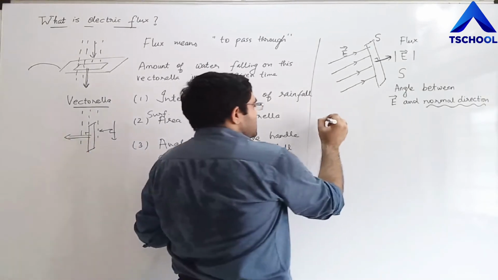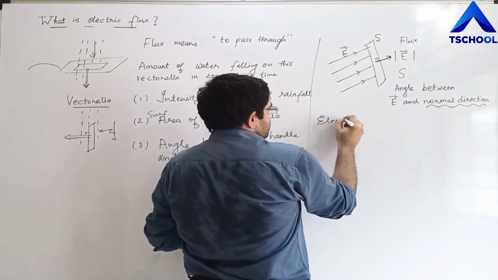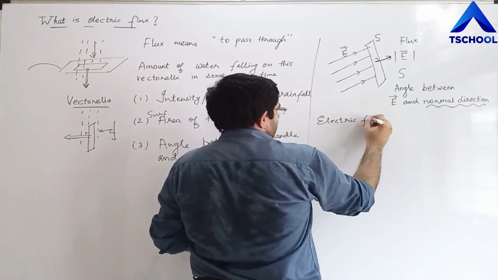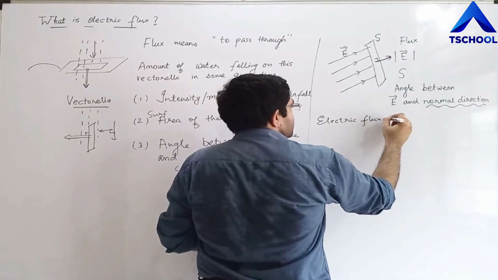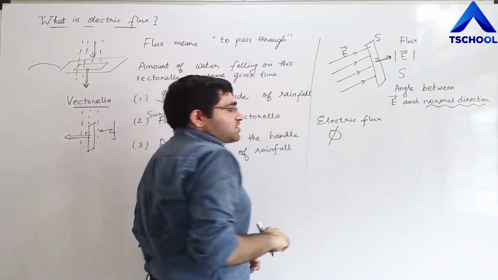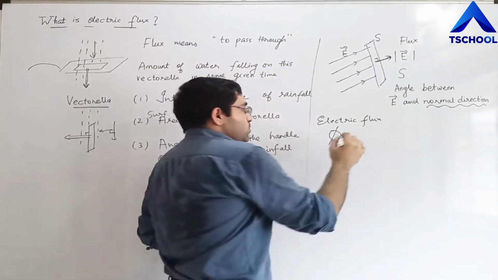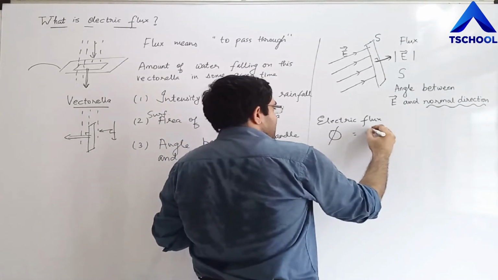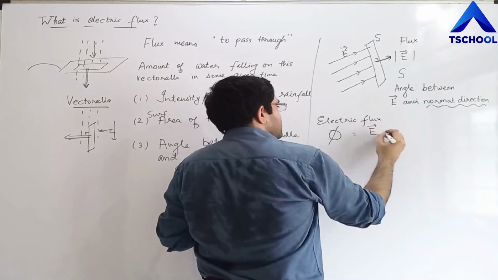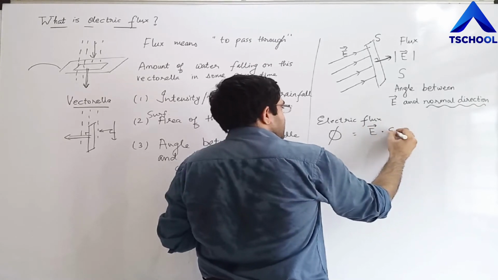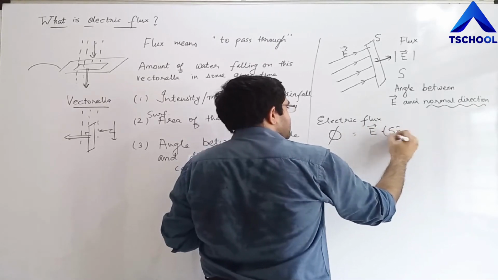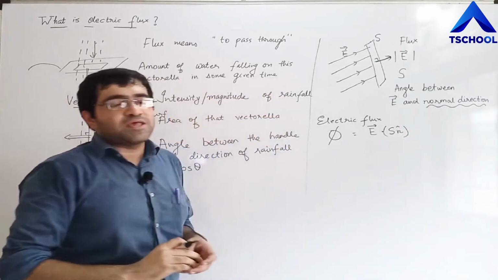Well, this is how. Electric flux, the symbol of electric flux is phi, is equal to E vector dot S n vector.